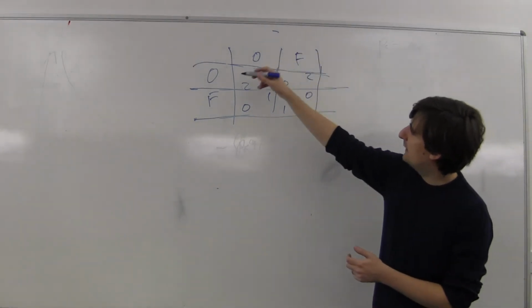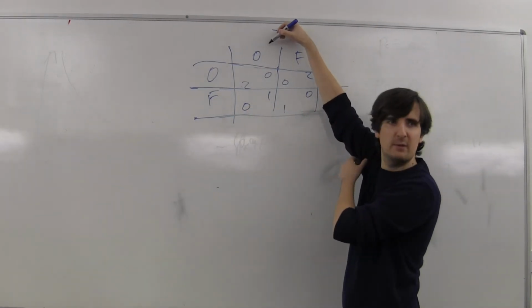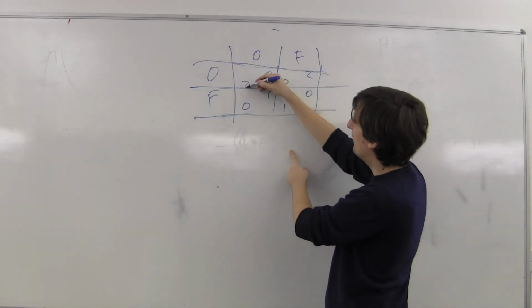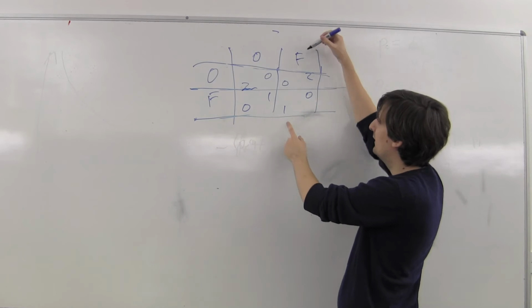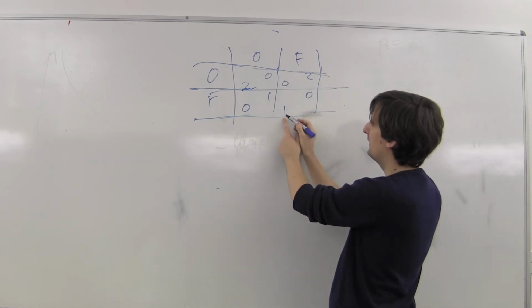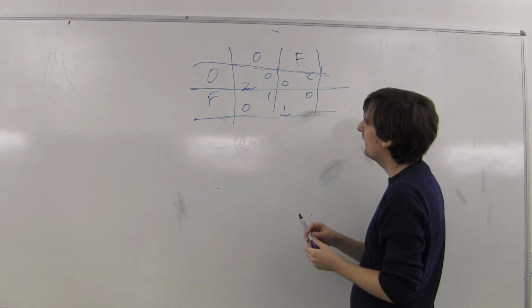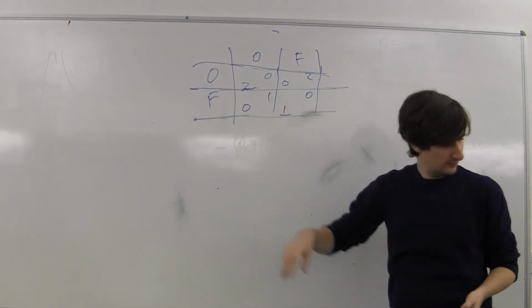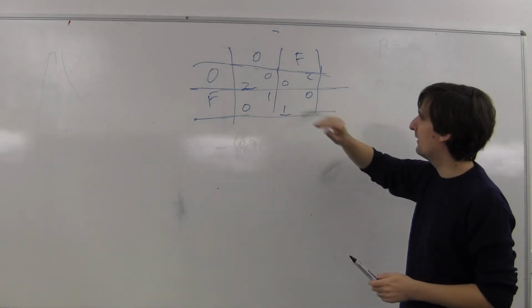If the column player was playing opera, the row player would rather play opera. If the column player was playing football, the row player would rather play football. So the row player, Jacob, likes to do the same thing as Rachel.